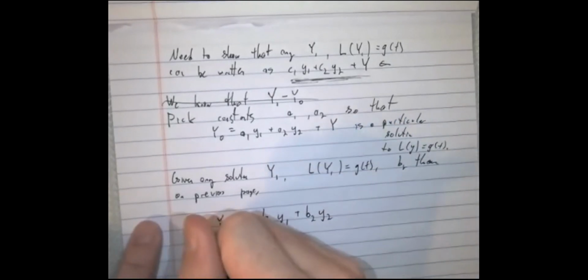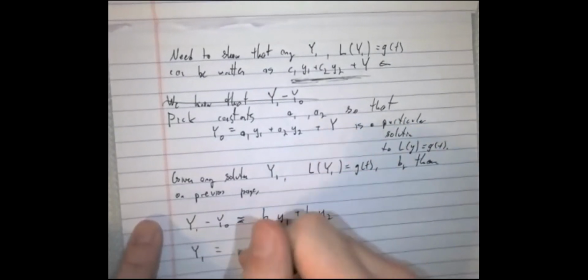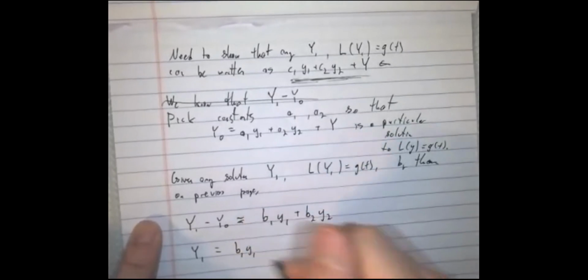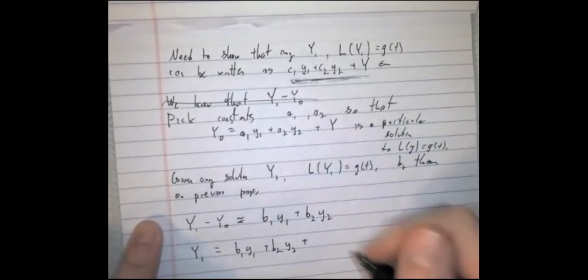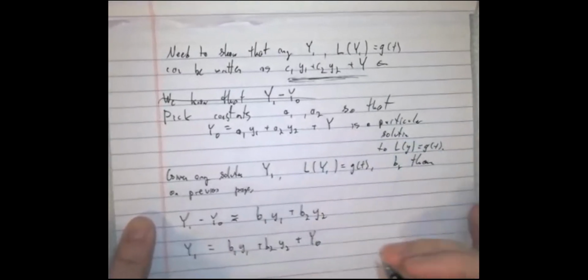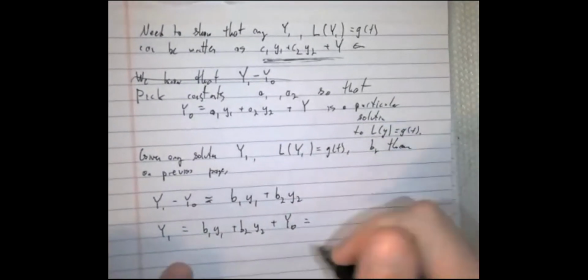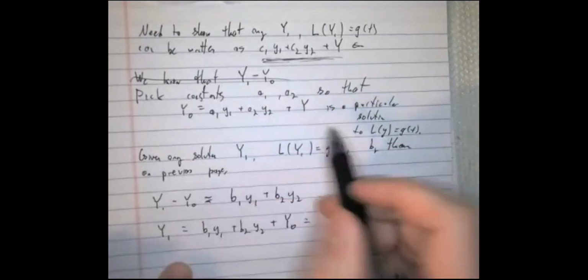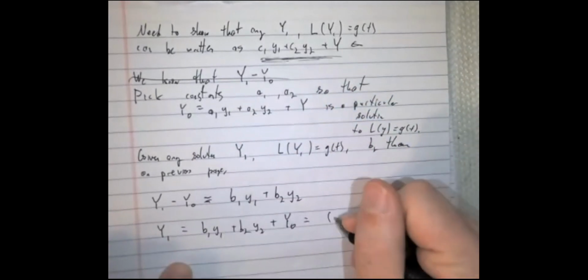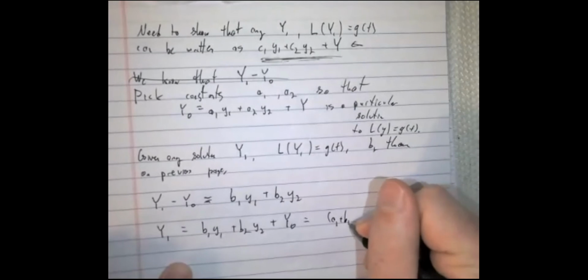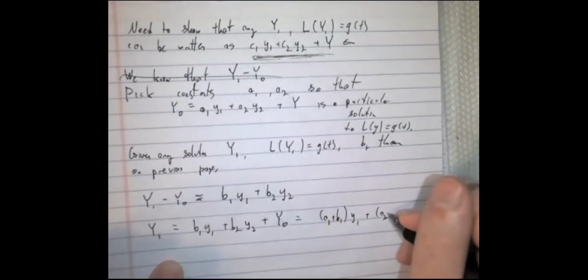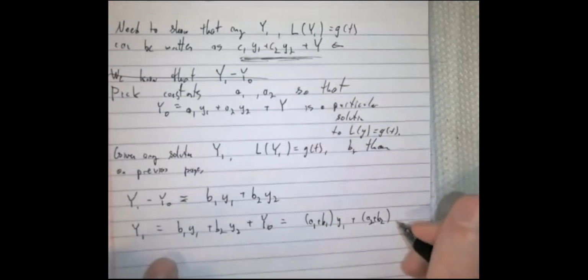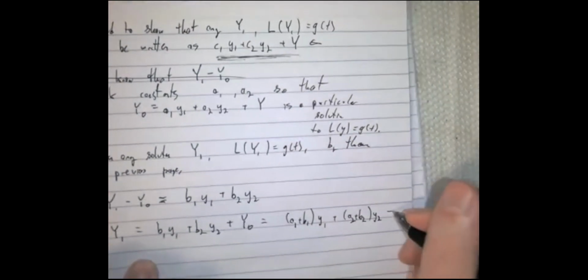So now y1 is going to be equal to b1 y1 plus b2 y2 plus y0. And y0 is just equal to this thing. So this is equal to (a1 plus b1) y1 plus (a2 plus b2) times y2 plus Y.